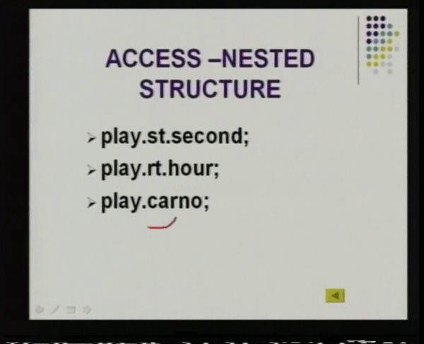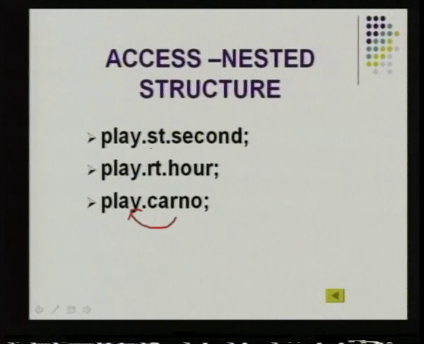Now, this car number is a direct member of this structure, that is why you do not have any intermediate value, whereas the second, hour and minute are all members of a nested structure. Through time only you have to access those values, because time is the structure tag for those particular integers.